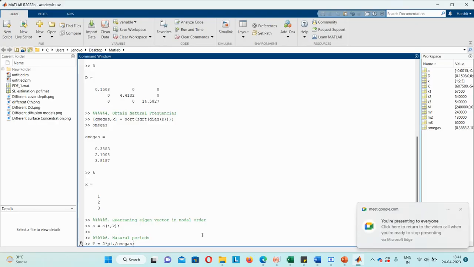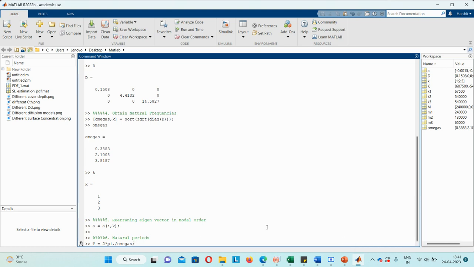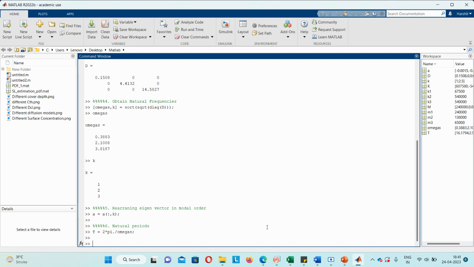Okay, so we have defined the natural period. Now the next step is to get the orthogonal matrix. It is like modal shape transpose times mass matrix times modal shape, so that we can obtain the Q matrix later on.